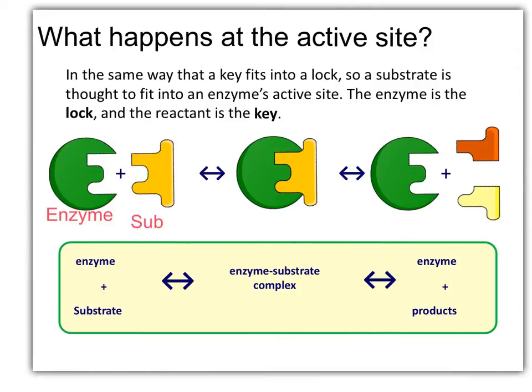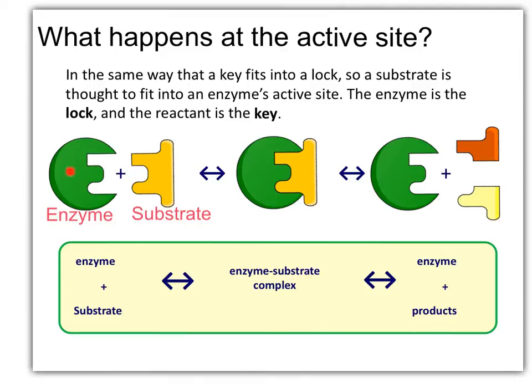Now, if we have a look, the enzyme has a particular shape, okay? And the shape is complementary to that of the substrate. So they fit together a little bit like a lock and key, okay? So only particular enzymes can break down particular substrates, and this is because of their shape. It has to be complementary.